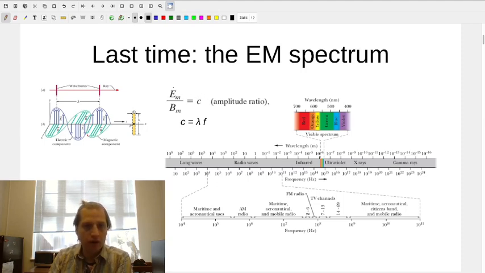The magnitudes of the electric and magnetic fields are connected by Faraday's law, through c, the speed of light. Remember that c is just a number, something like 2.998 times 10 to the 8th meters per second.